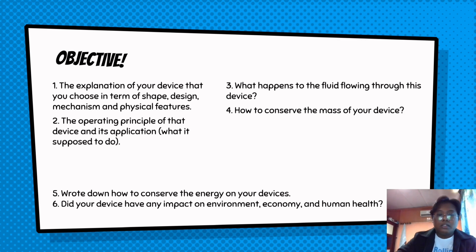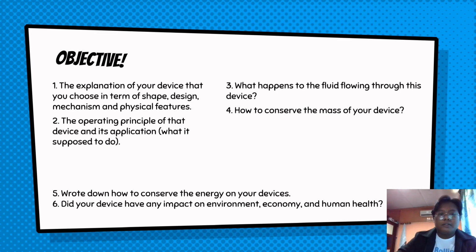The fourth is how to conserve the mass of our device, the second last is how to conserve the energy of our device, and the last is whether our device impacts the environment, economy, and human health. We have three members, so each member explains two objectives.